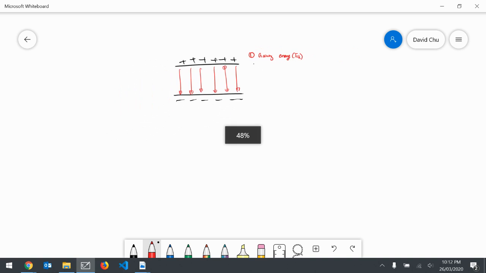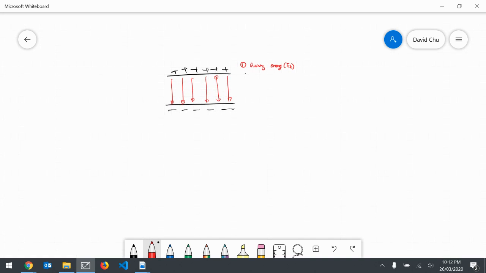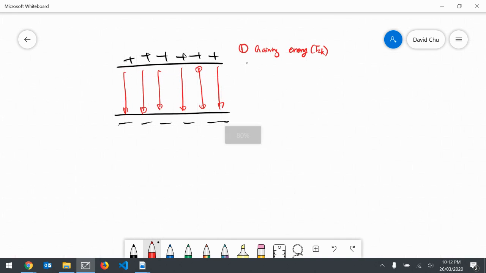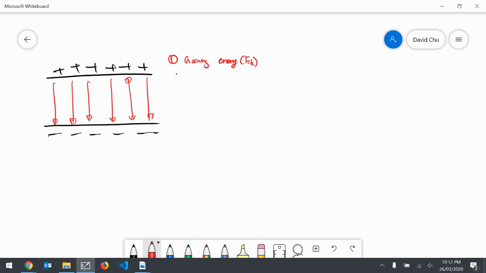That shouldn't come as any surprise because, similar to gravity, as a ball drops down, you're gaining kinetic energy. You used to have potential energy, now you have kinetic energy. And imagine this also being a free fall, you're also accelerating. So what you have is uniform acceleration.